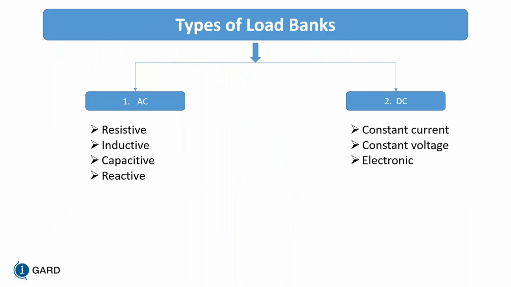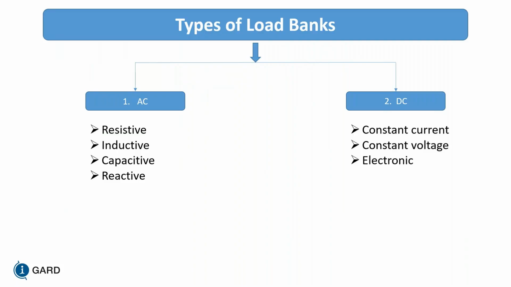Once you start to put in inductance, you can actually vary the power factor and put the generator or power source through its courses and go from 0.8 power factor through to unity power factor and see if it's sufficiently suitable for use in all of those conditions. Capacitive, you can put in capacitive load banks, although I don't think you're going to test it in leading power factor, but you can if you want to.